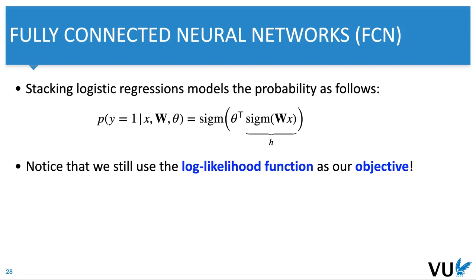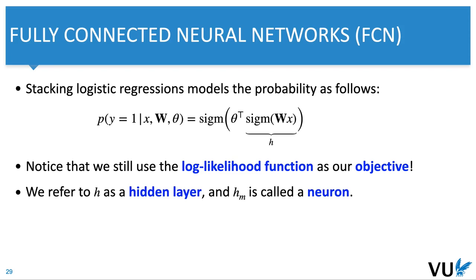Interestingly, we still use the log likelihood function as our objective, and there's nothing against that. It's still possible. Moreover, we will call this H a hidden layer, and we'll call a single H_m a neuron. This is what people used to use, just as a name.